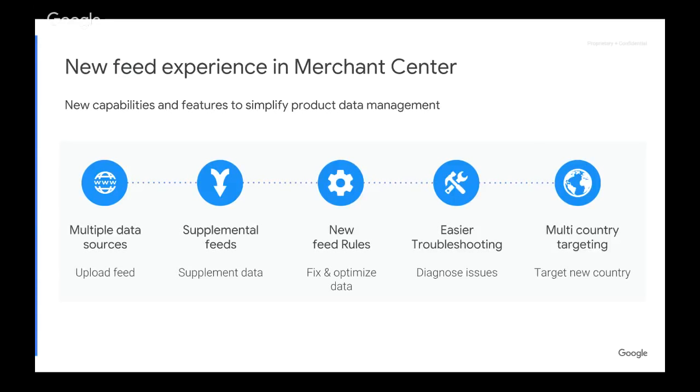That is the new diagnostics tab, which will highlight issues and allow you to figure out what's wrong with the product data a lot easier. And I'll also show you how you can use existing product data to export to new countries.